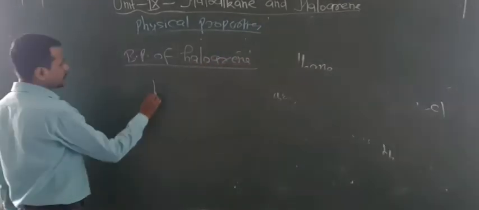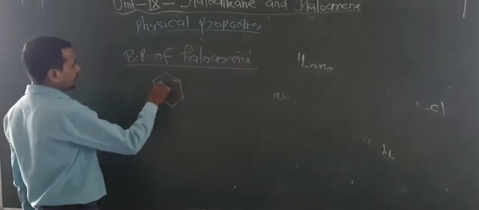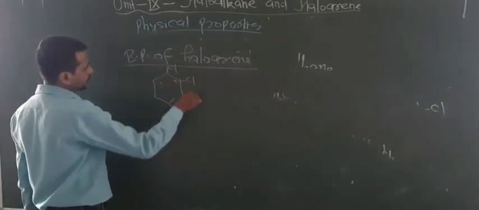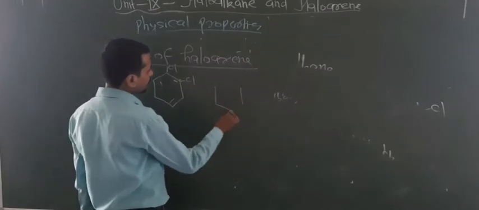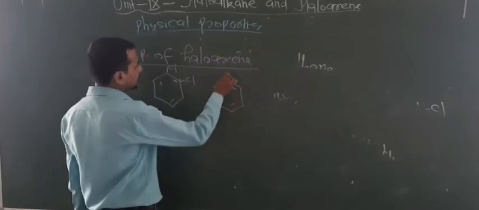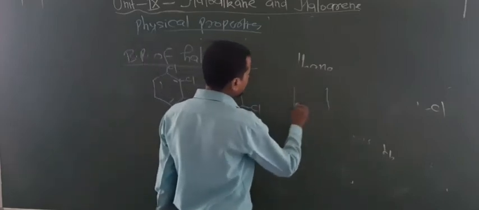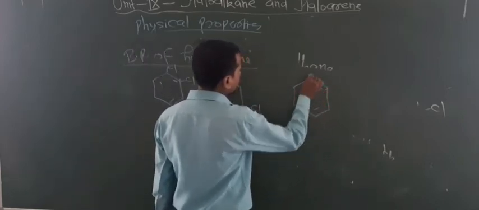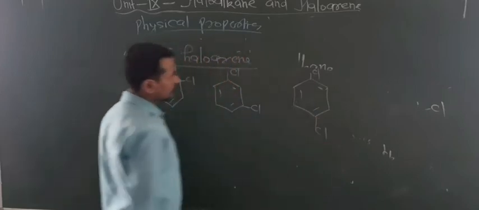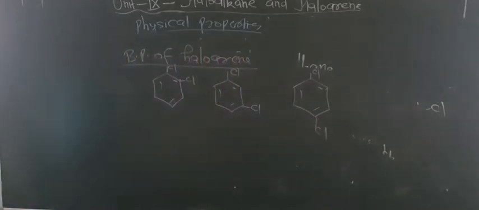So now ortho dichlorobenzene, meta dichlorobenzene and para dichlorobenzene are given to you. Look here, out of the three, which has the higher boiling point?